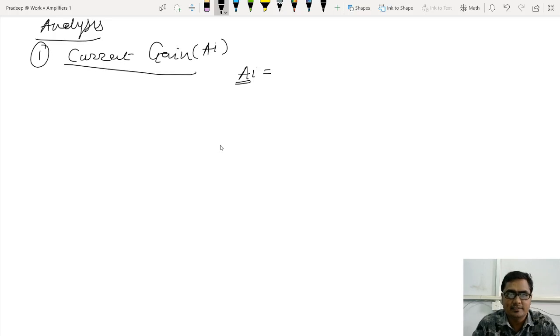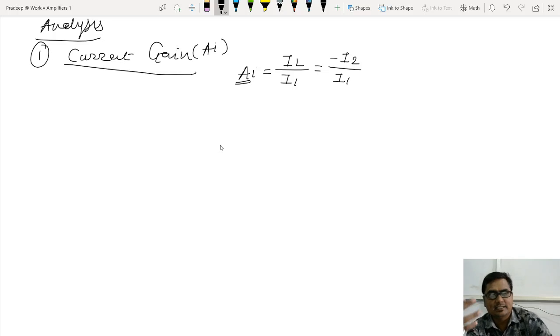So let me write here in the bracket, AI is equal to output current divided by input current. What is the output current? IL is the output current. The input current is I1. Now I know that IL is nothing but minus I2. So can I write it as minus I2 divided by I1? Yes, it is possible. At the first step, I told you that I am taking output across the load resistor.